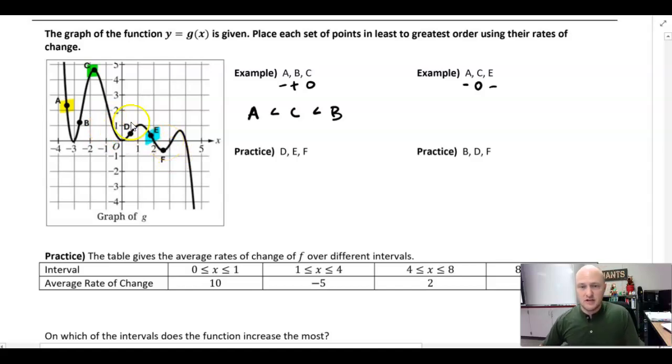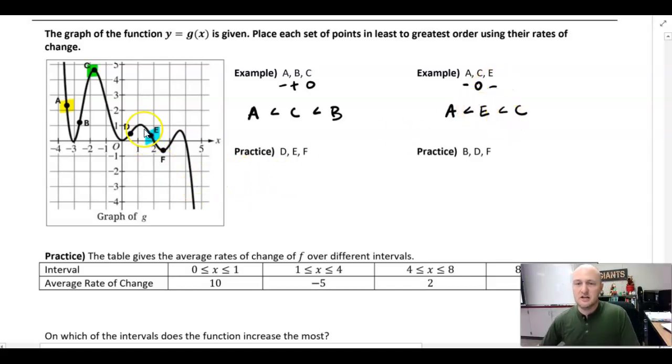If I'm trying to attach a number to this, this would maybe be a slope of, I don't know, if I was estimating, something like -5, dropping 5. So -5, and that's going to be the most steep. And then E here, we're really only dropping 1 on this interval. So A is less than E, which is less than C.